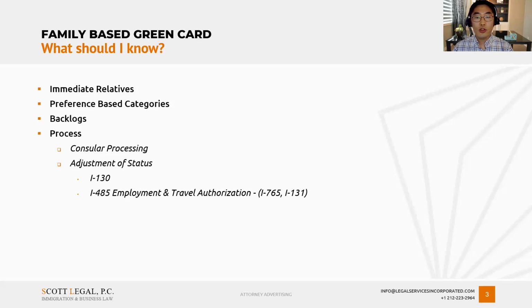Depending on which country you are from and which category you are applying for, there may be significant delays before your green card case is finally processed and approved. For example, the F4 category, which is for brothers and sisters of US citizens, needs to wait almost 17 years nowadays.